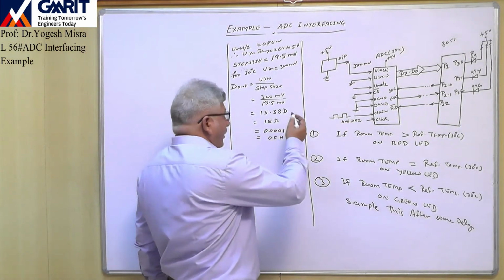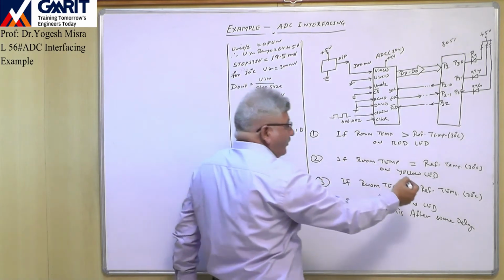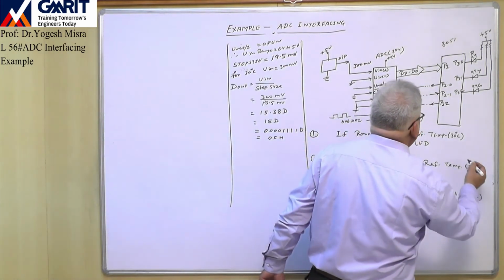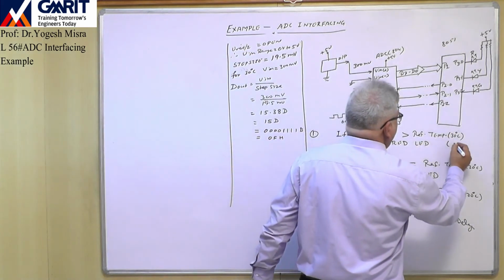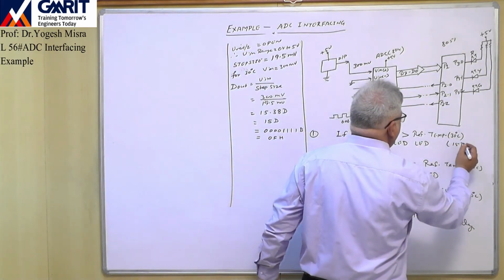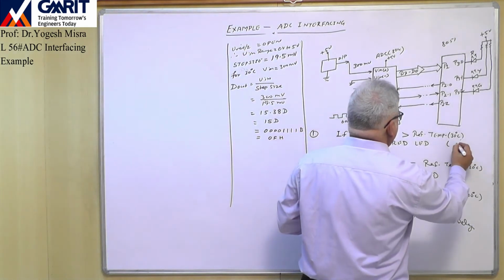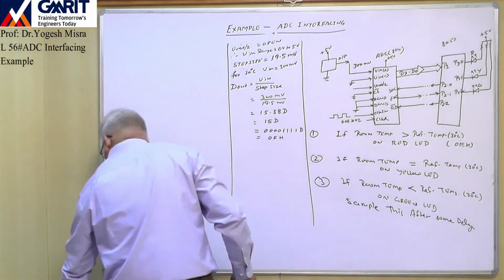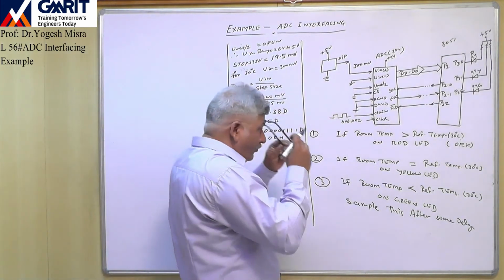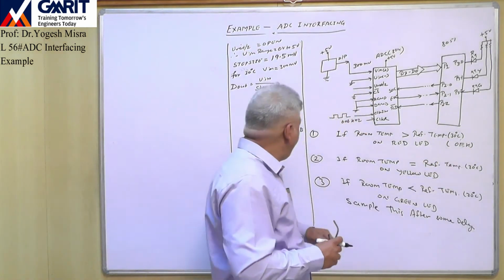So for our this particular interfacing case, for 30 degrees Celsius, we will get a value 15D or 0FH, right? So we will compare the room temperature with this value 0F.